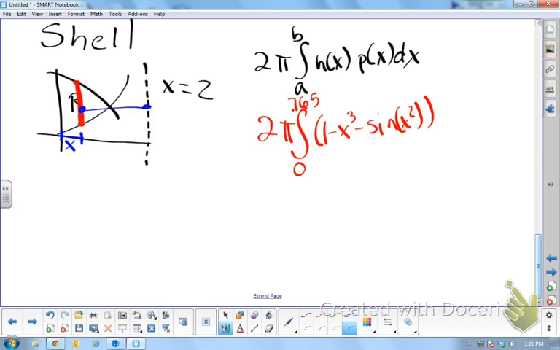But I only want, let me change the color of one of these, I only want the green distance. 2 minus x. We know the entire distance is 2. We want to get rid of the x so that we're just left with green. So we'd have times 2 minus x dx. And then again, we'd just plug it into the calculator.